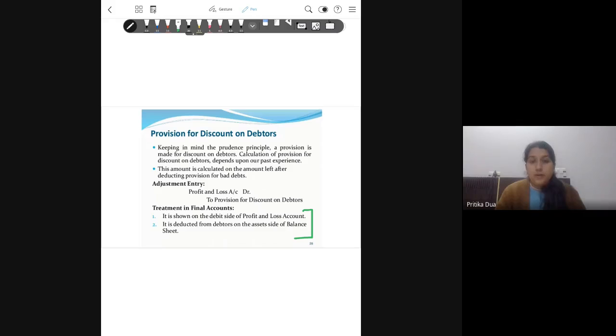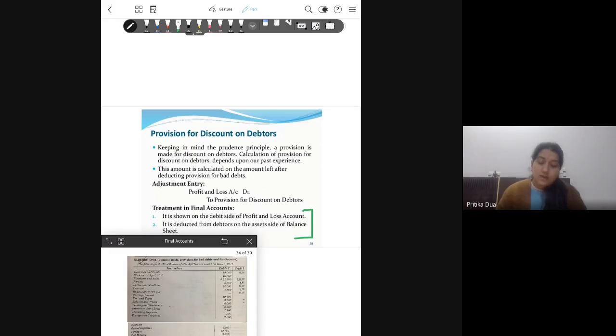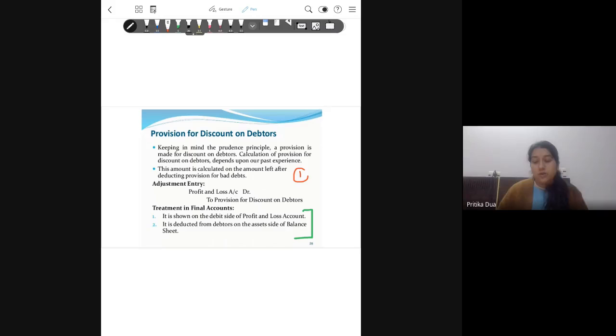Now proper sequencing is followed if you have multiple adjustment entries related to debtors. So how is that sequencing followed? I told you earlier also. सबसे पहले आप फर्दर बैड डेट्स की एंट्री को पिक करते हो. ओके, so if in the adjustments you are given multiple adjustments related to debtors, first we do the treatment of further bad debts.